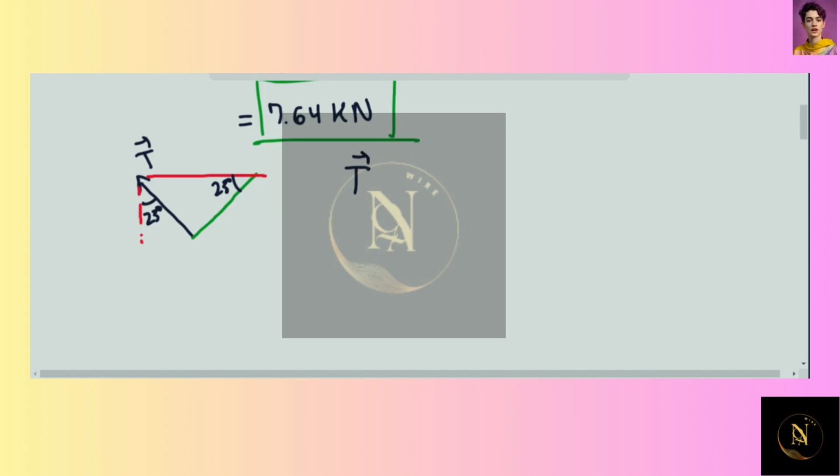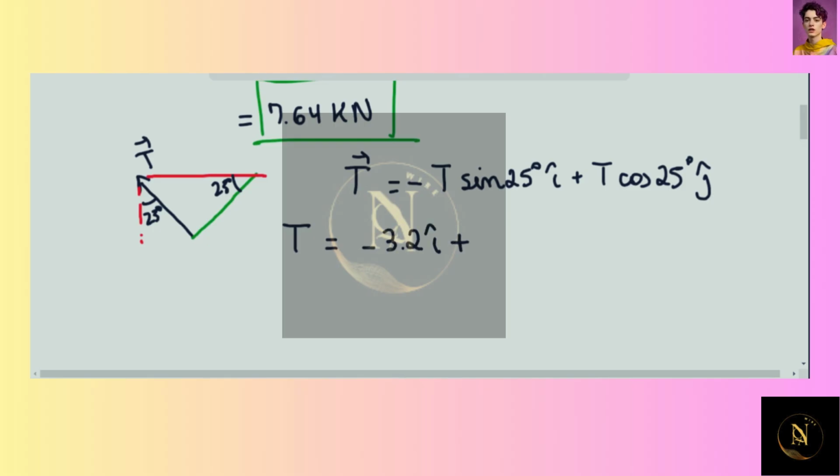So we can write T as minus T times sine of 25 i plus T times cosine of 25 j. So using that T is 7.64 kilonewtons, we obtain that T is minus 3.2i plus 6.9j kilonewtons. This is the value of the tension T.